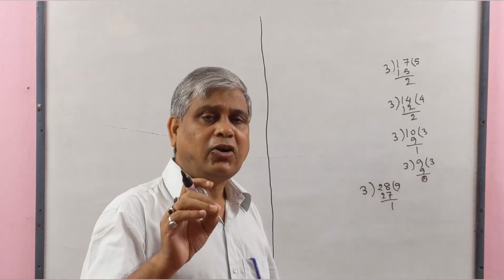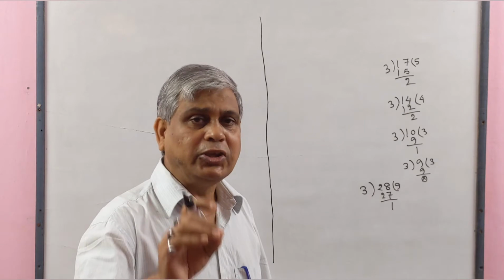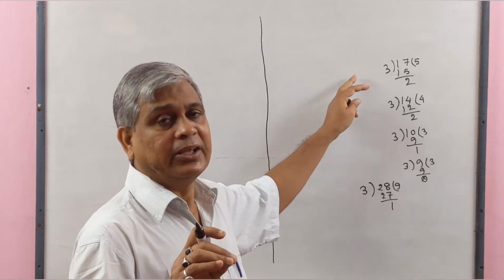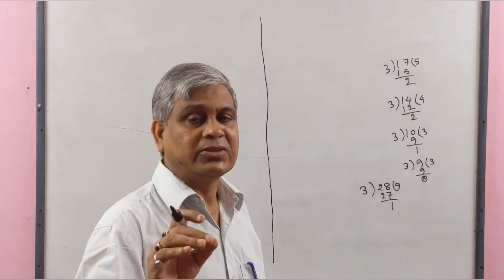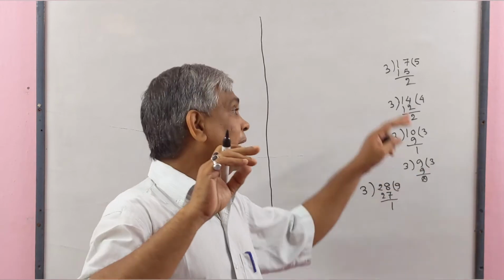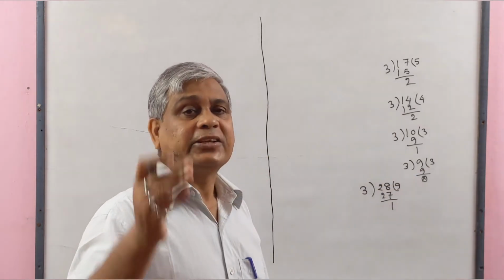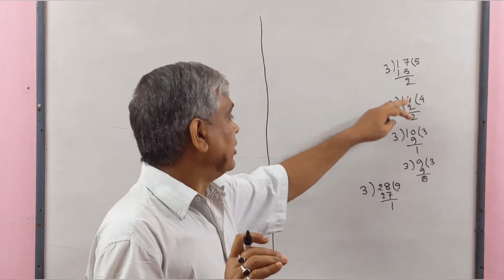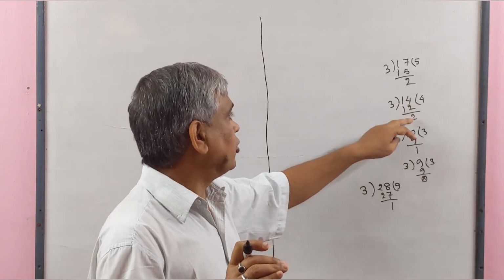In the case of divisibility by 3, we use the language residue modulo 3. Residue modulo 3 means if we divide by 3, we get residue, that is remainder, either 0 or 1 or 2.